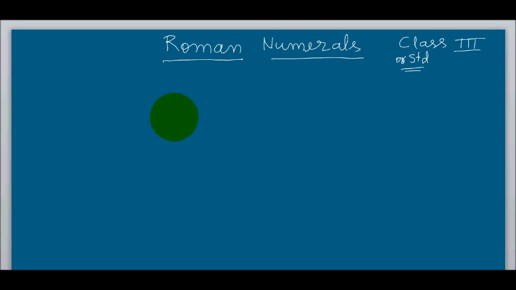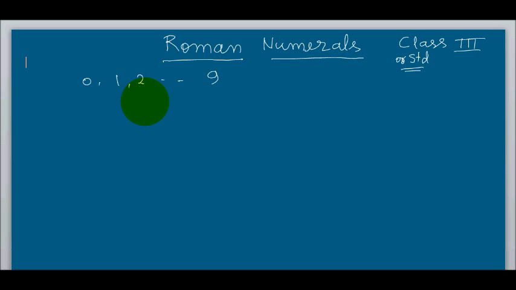So till now we were using Hindu Arabic numerals, or sometimes we say decimal numbers, like 0, 1, 2, dot dot up to 9. We are familiar with these numbers.